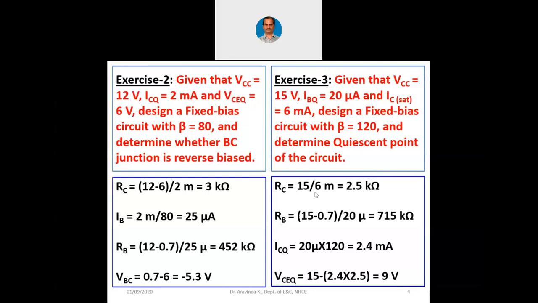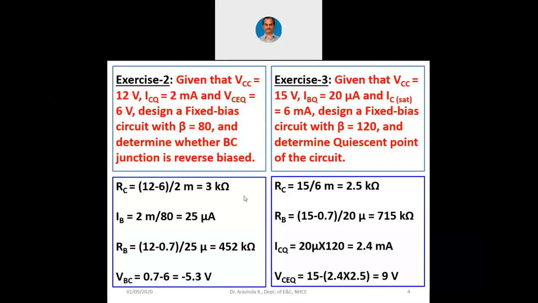Ideally, we were supposed to have VCE as 7.5 volts, and IC sat is 6 milliampere. Ideally, we should have had ICQ equals 3 milliampere. But there is a slight deviation because of the values of the resistance, and that is again because of the specifications. So it does not matter. Still we can say that the transistor is in the active region only, but it is not in the exact middle region of the load line.